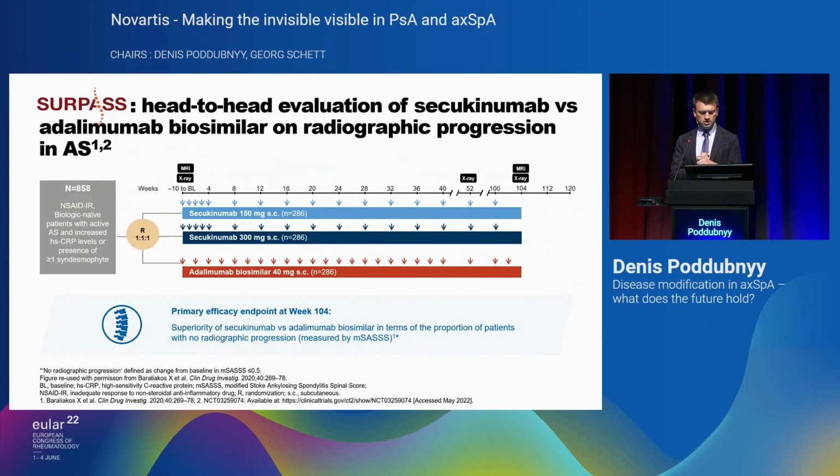Another important and interesting study, this is a first head-to-head study in the area of axial spondyloarthritis, where we compare the effect of secukinumab versus adalimumab in terms of structural damage progression. This is a primary endpoint, and in terms of clinical efficacy, and the results of this study are expected this year.